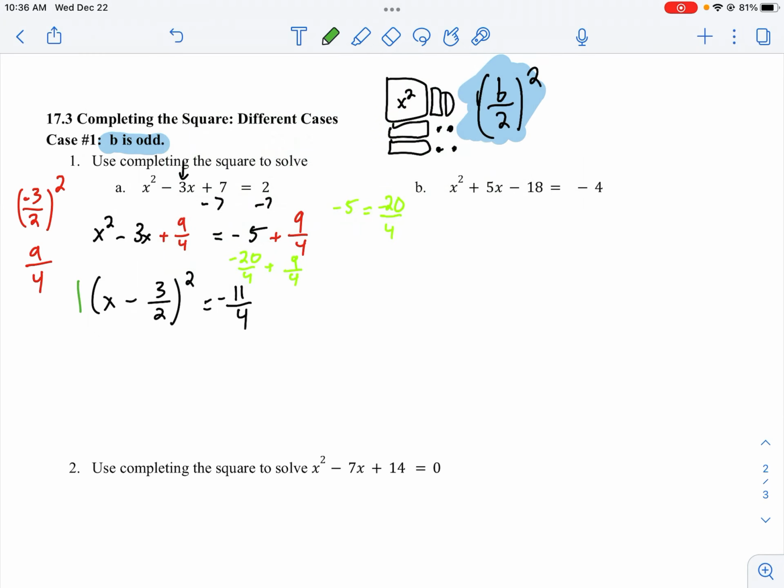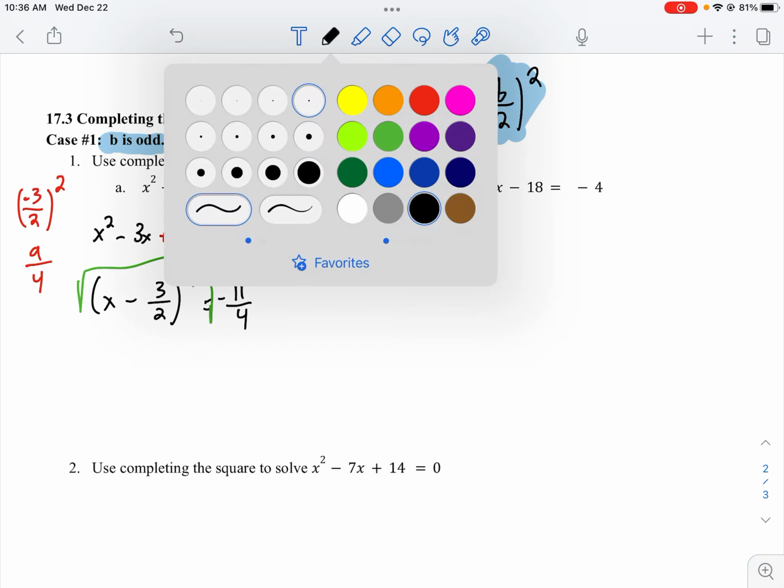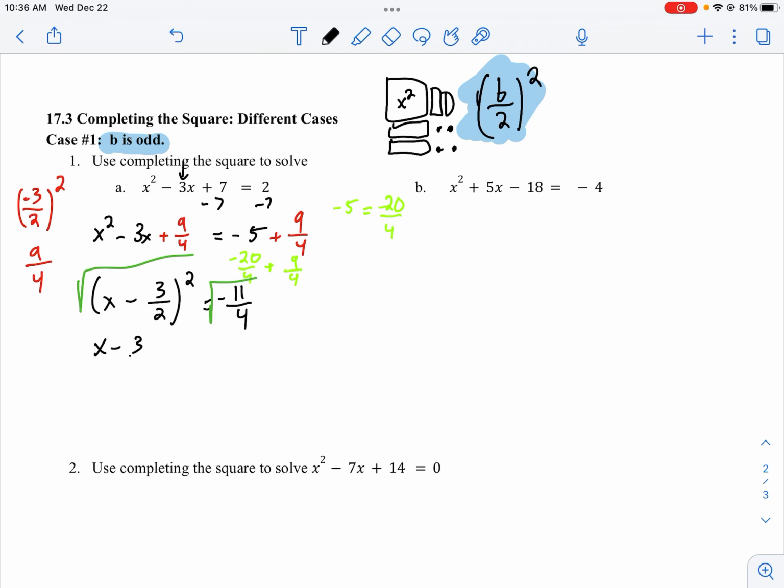Now, completing the square is the same to finish out. We're going to take the square root of both sides. On the left side, we just get x minus 3 over 2 equals the square root of -11 over 4. We still need our plus or minus.